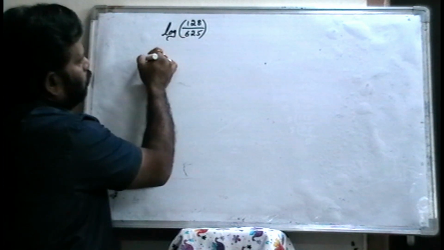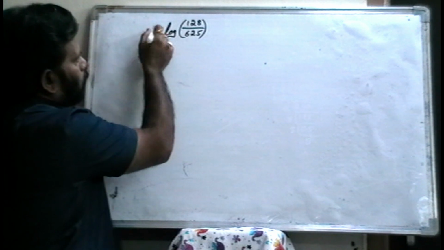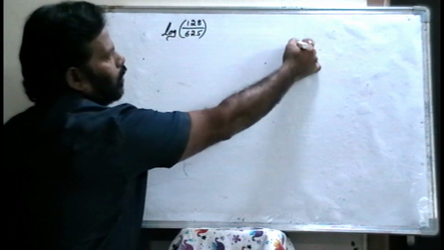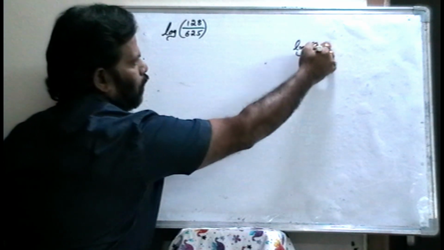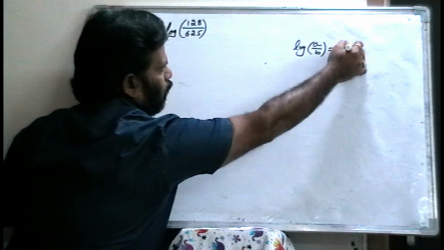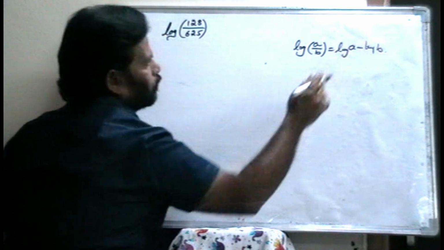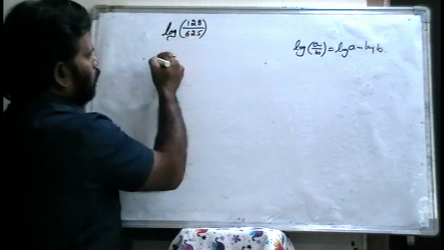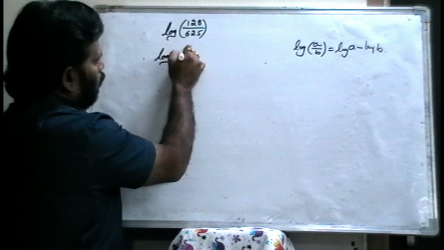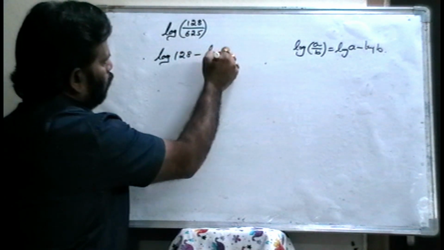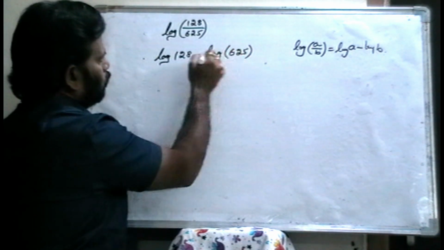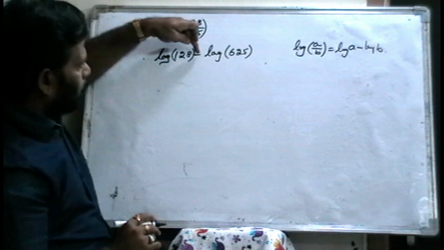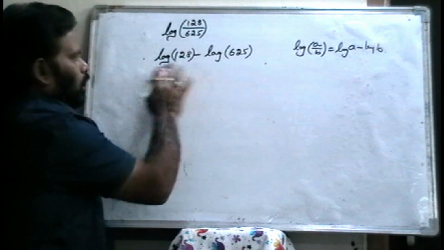So it is in the form of log A by B. Log A by B formula: log A minus log B. Log A by B is equal to log A minus log B.